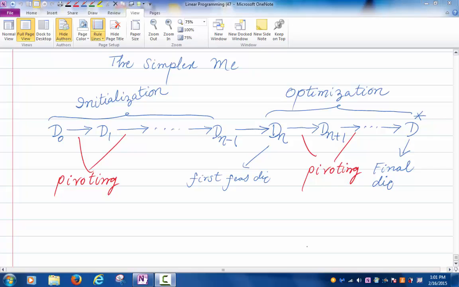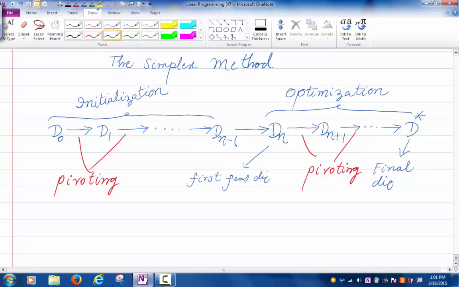Okay, so let me start from where we ended last time. I gave you a sort of big picture of the Simplex method, and I said that the Simplex method consists of dictionaries, and you move from one dictionary to the next by using an operation that we call pivoting.